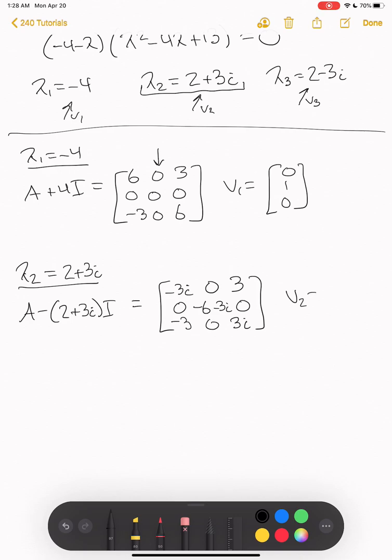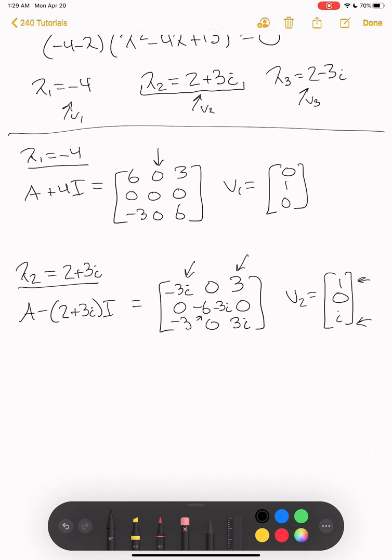With just a little bit of work, you can see that I don't want to be working with the negative 6 minus 3i. So I'm just going to make the middle term 0 and see if I can get solutions for the top and bottom by doing that. If I make the first one 1 and the bottom one i, that seems to work out fine. That takes care of the top row: negative 3i plus 3i.